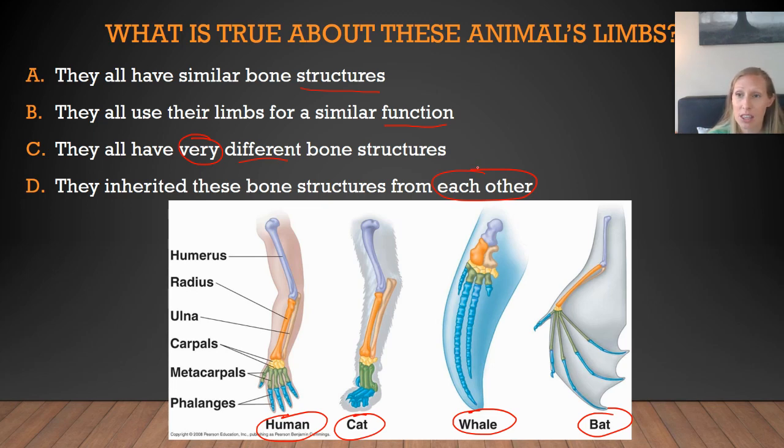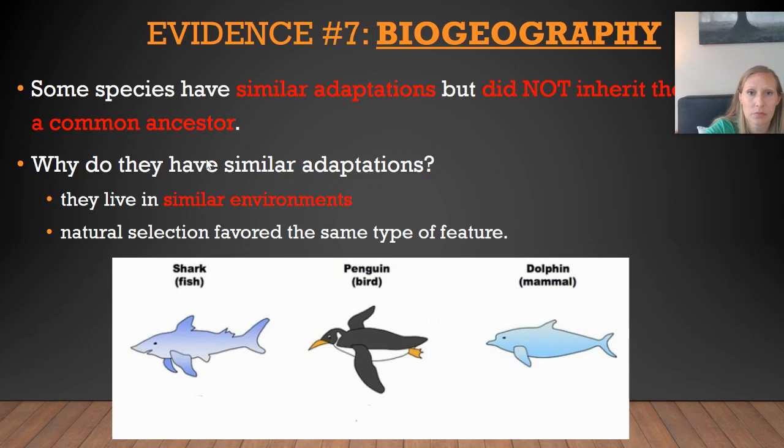So take a minute to think, what do I think the answer is to this question? A is the correct answer. They have a very similar bone structure. We can see the color coded to show us that they are the same. C is tricky because it says very different. It's not very different, it's very similar.